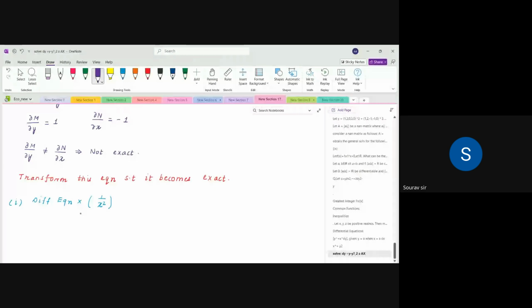You have your original differential equation and multiply it with 1 by x square. What do we get if I do this?